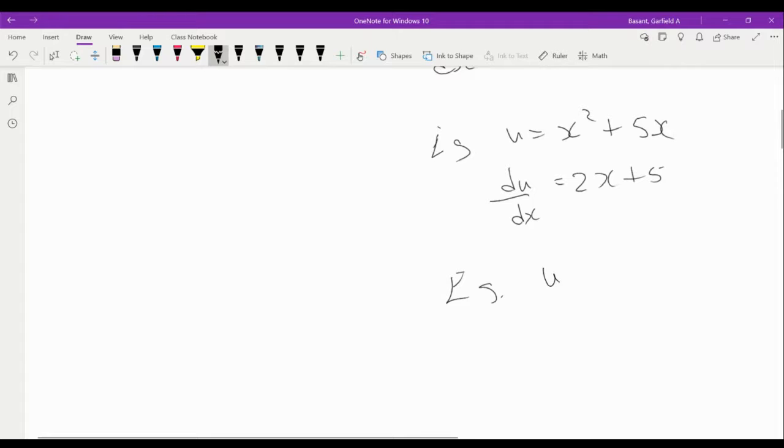How about if our u is equal to 2 over x to the 4th power? So Louis, is that the derivative?